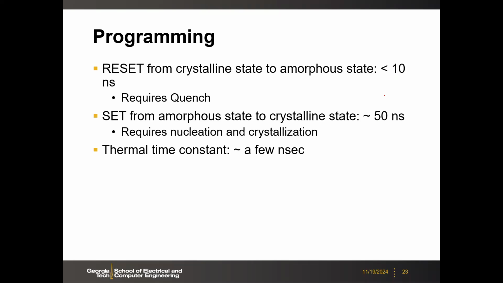Okay. So this is the programming operation. So that's why I said here the thermal time constant is a few nanoseconds. So even if you remove the power supply, then you need a few nanoseconds for that region to cool down, right? Thermal RC time constant.